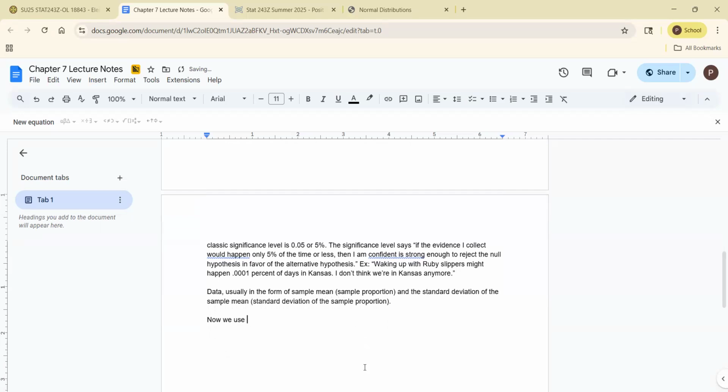Now we use a normal distribution to calculate the probability of observing a sample mean more extreme than our actual data.